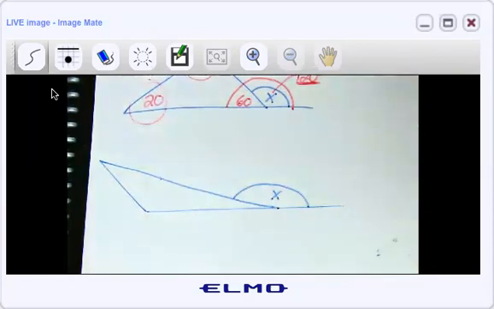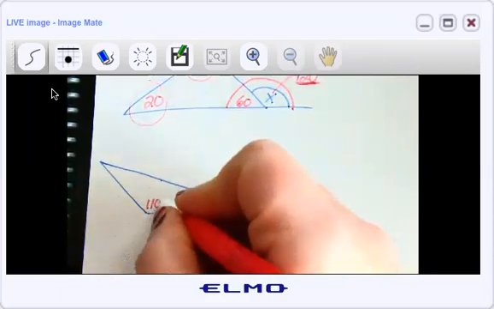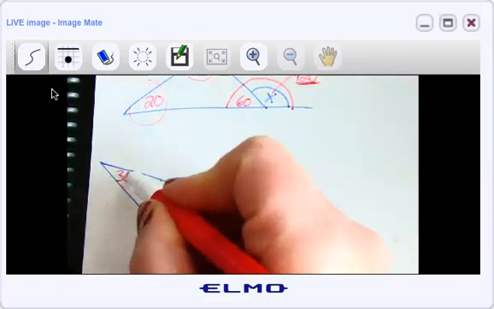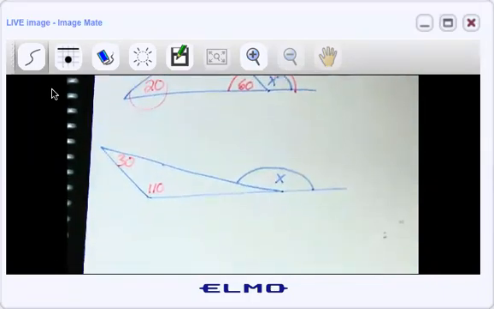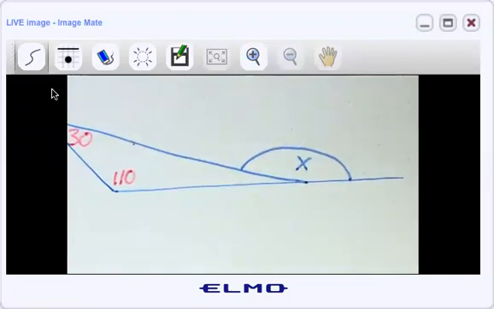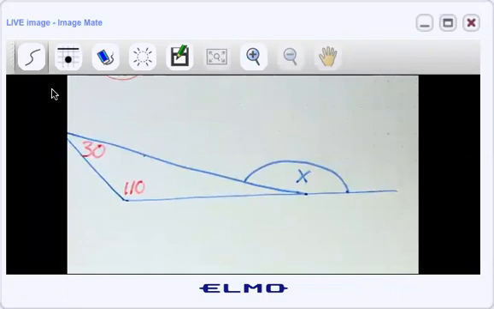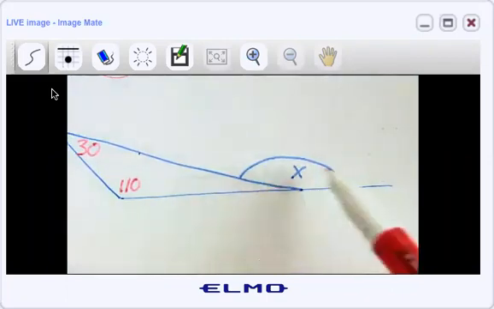Okay, so let me give you the angles on the inside. Let's say this time this one's 110 and let's make this one 30. So go through the same steps again. So you could find the measure of this angle, and then these two again.